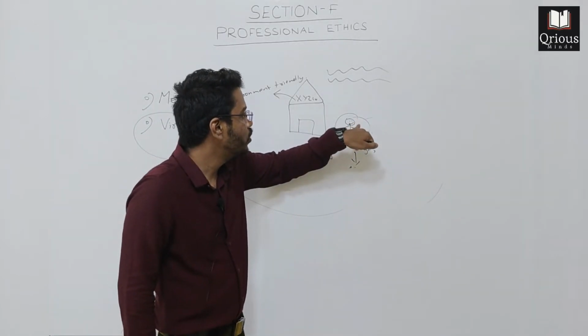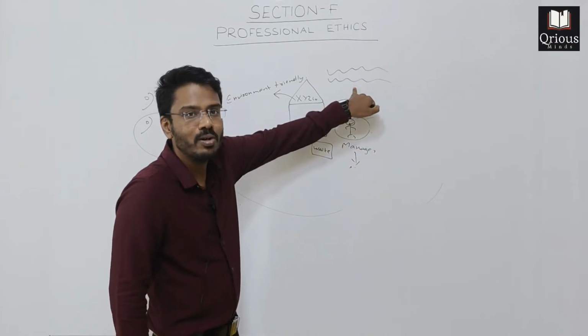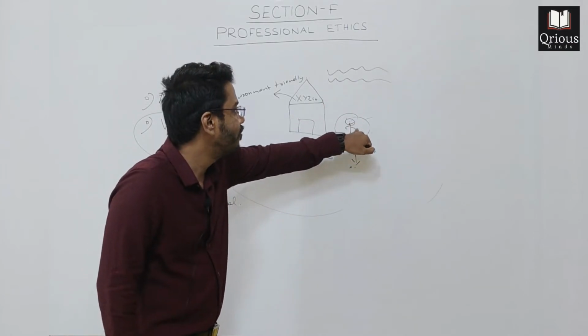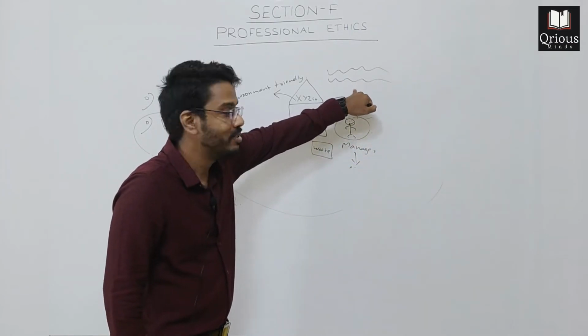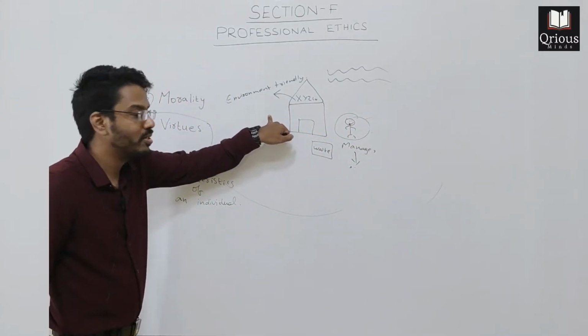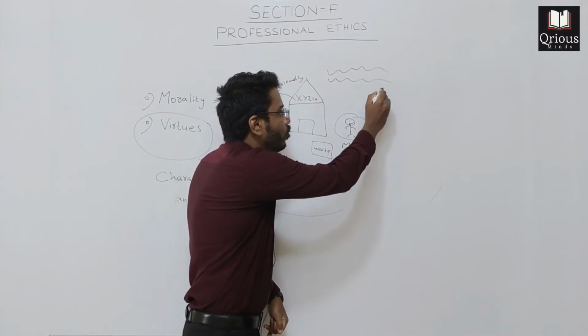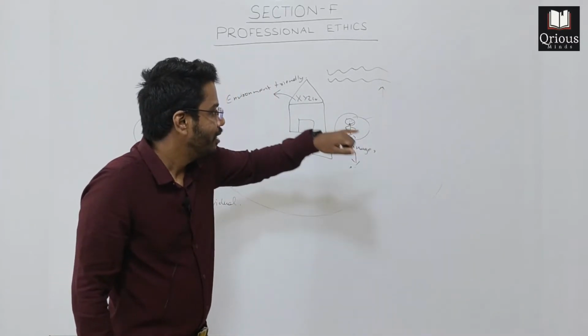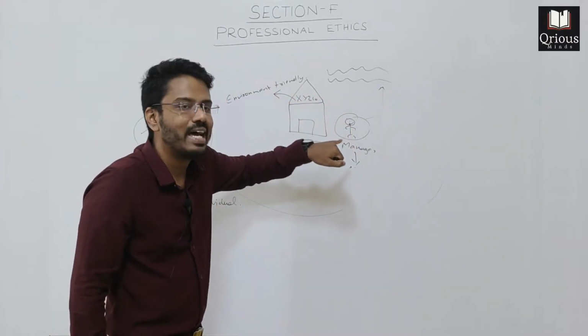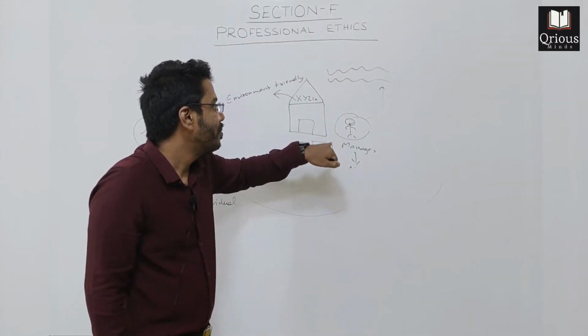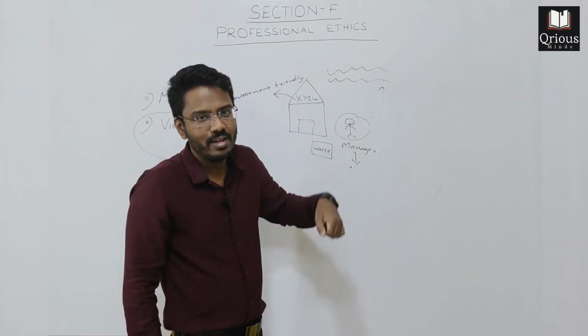So he chose to dispose of the waste in the lake. If given a chance, he would have disposed of the waste in this lake. But this organization's environment friendly policy prevents him from dumping the waste in the lake. This is the only reason that prevents this manager from dumping the waste in the nearby lake.